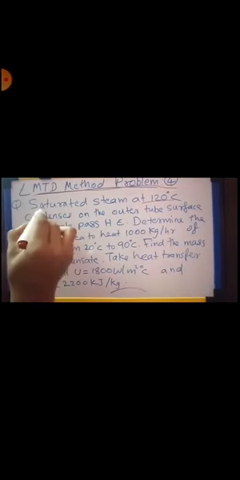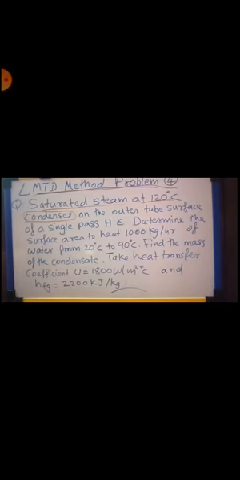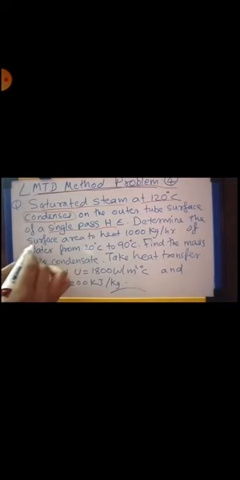It is given that steam is saturated and the temperature of steam is given as 120 degrees centigrade. It condenses on the outer surface, which means it is a condenser. Steam condenses, so we have to consider the temperature as constant. This is a single pass heat exchanger.